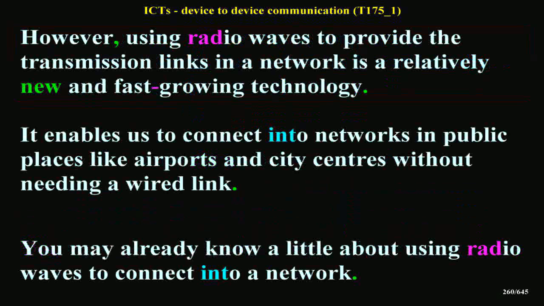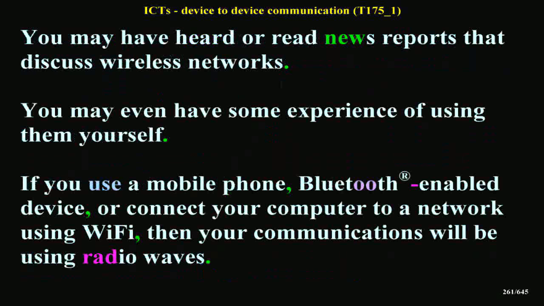It enables us to connect into networks in public places like airports and city centers without needing a wired link. You may already know a little about using radio waves to connect into a network. You may have heard or read news reports that discuss wireless networks. You may even have some experience of using them yourself.